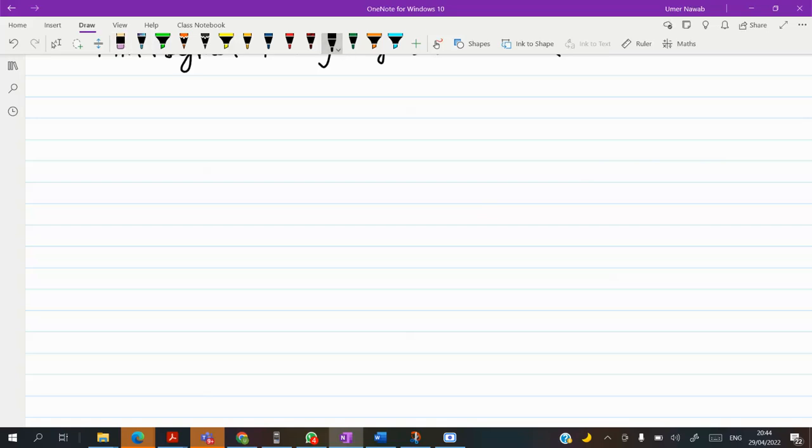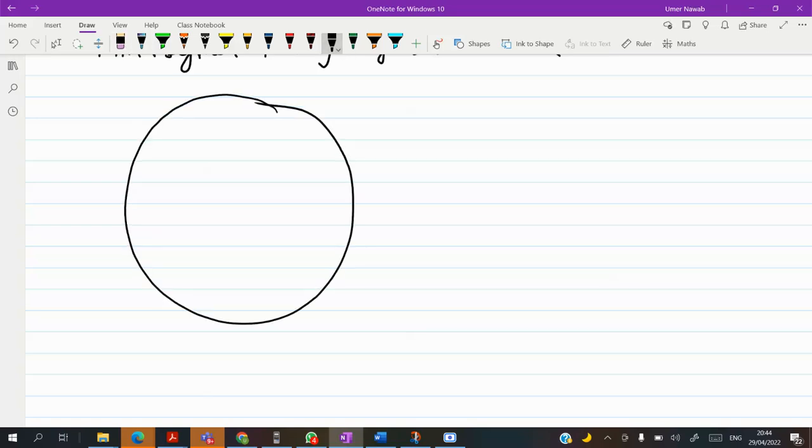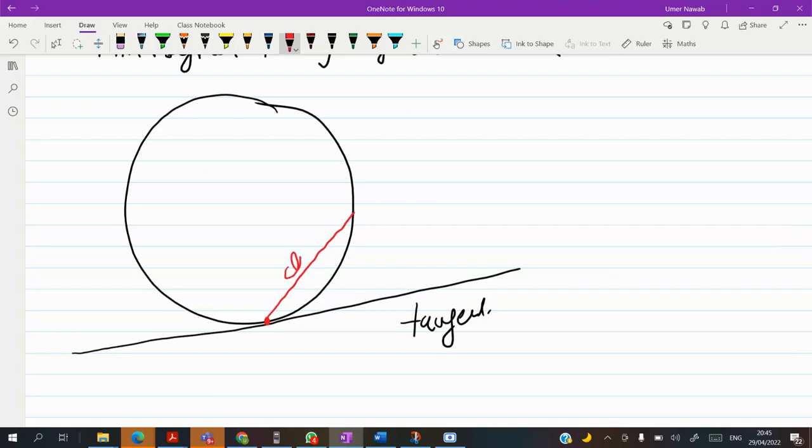The sixth property is recently added in the course. If you have a tangent and if you have a chord, not the radius, a chord. Now, the angle which the chord is making with the tangent is the same as if you produce the chord back on the circumference at any point.